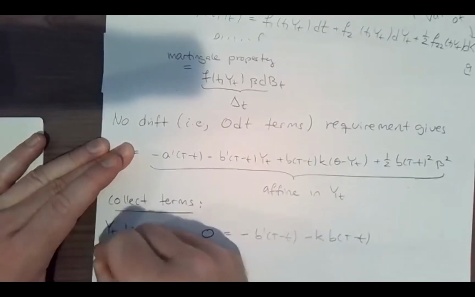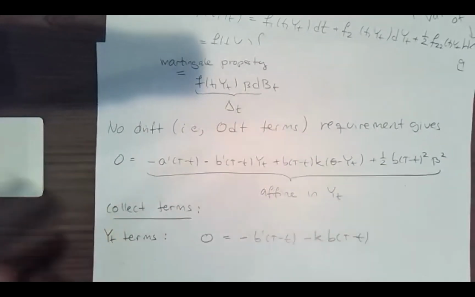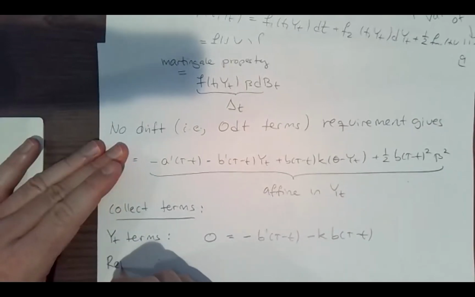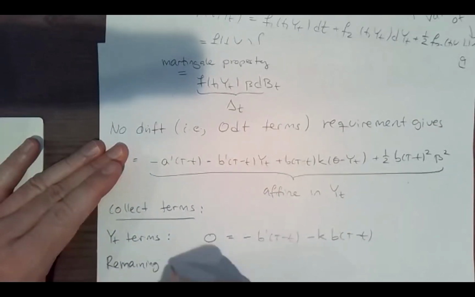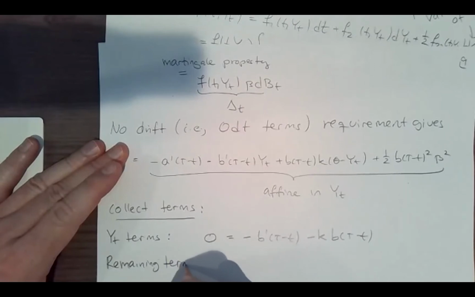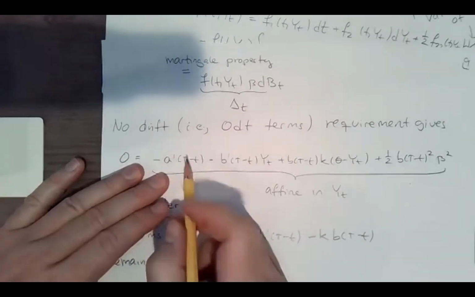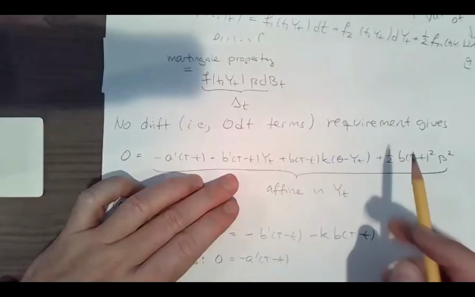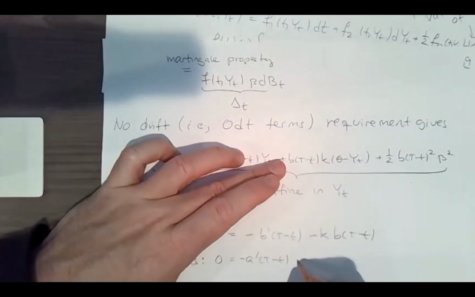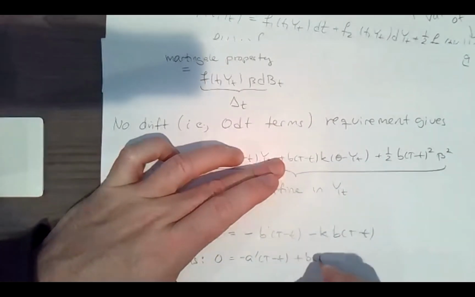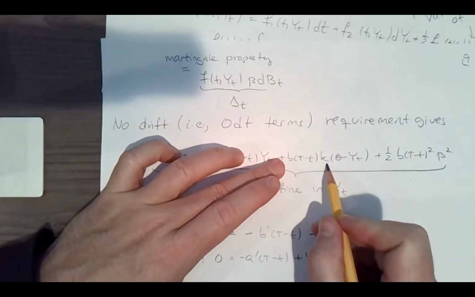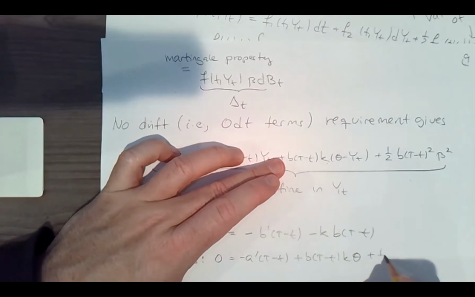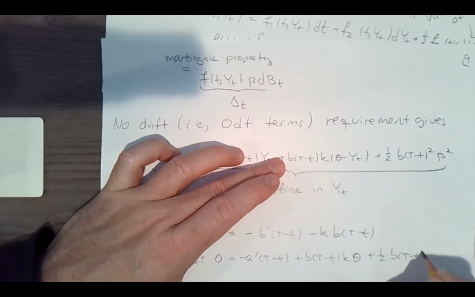They're not constant in t, they're constant in y_t. So we're going to get a prime, and so here you're going to get plus b of t minus t kappa theta. That was that guy. And then the credit variation term, the one half b squared.